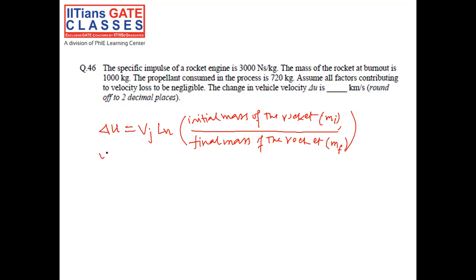Now Vj is the exhaust velocity of the rocket.